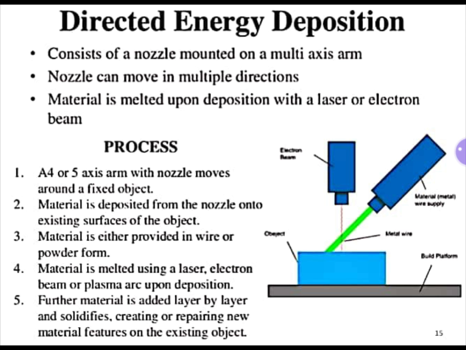And at the top of this structure we are placing an electron beam, and the material supply unit is placed at some inclination.